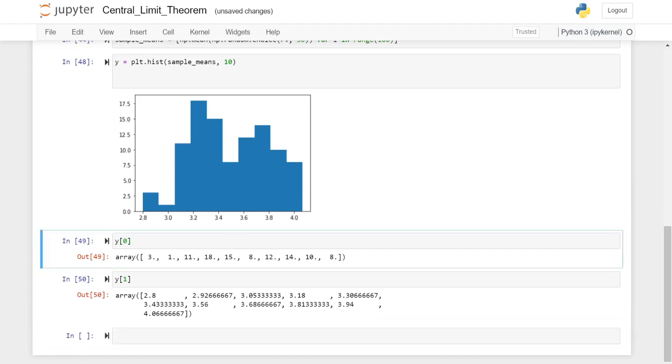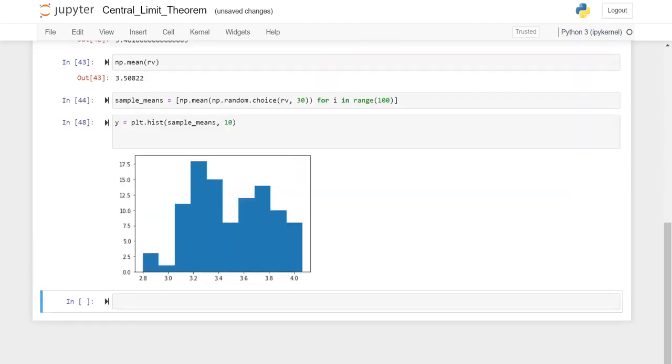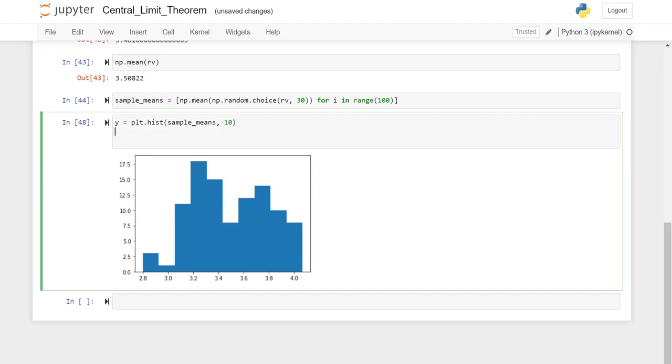Good. Now, having put this in the y variable, we can now say np.linspace y1.min. From the y1 variable, take minimum, that is 2.8.